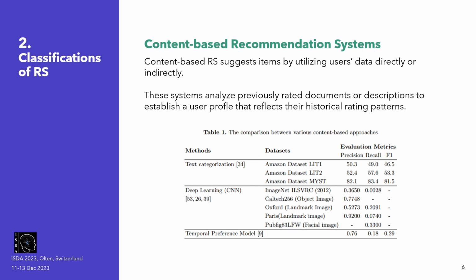The system analyzes the various written documents or descriptions to establish a user profile, user preference that reflects their historical rating patterns. Lots of studies work with this approach, and you can see in table 1 the comparison between various content-based approaches.